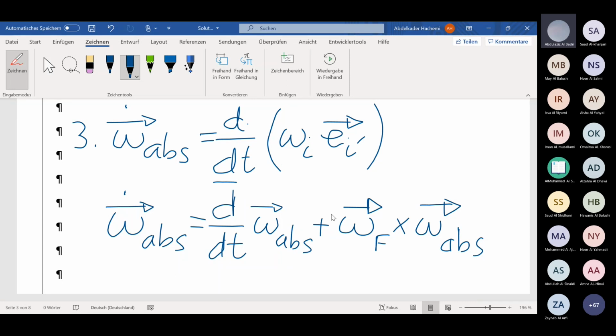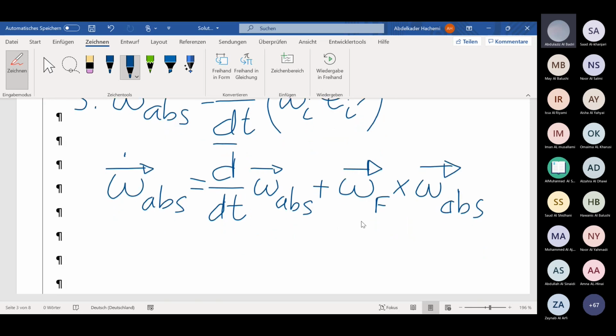The second term will be only omega f, because here we have only the frame angular velocity, which rotates the whole system. In our case, it's only omega 1. And omega absolute is the sum of two vectors, omega f plus omega relative.